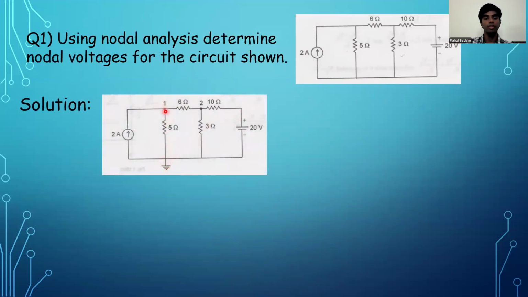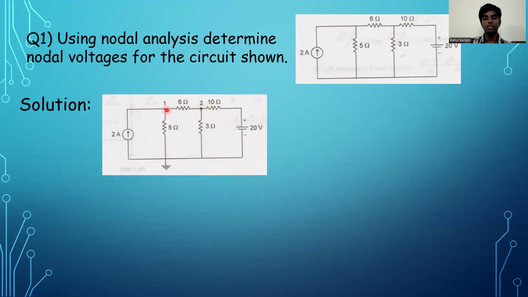Let this point be V1 and this point be V2. Now, in nodal analysis, the node at which the KCL is applied is considered to be of highest potential. Hence, for nodal analysis at V1, V1 is greater than V2, and at V2, V1 is less than V2.